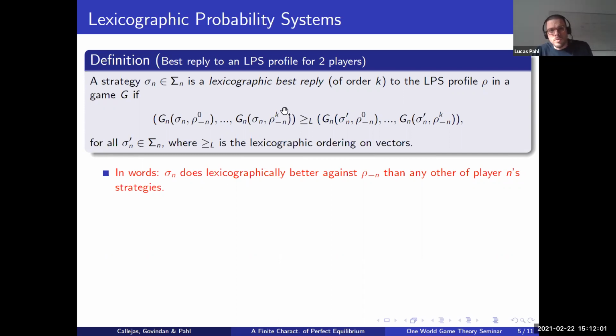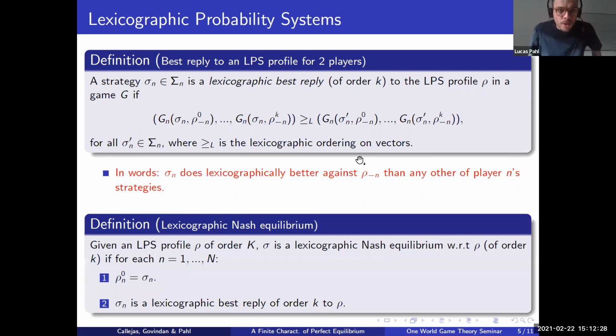Okay, and I'm introducing here the definition. Of course, in the paper we do this for any finite number of players, but this will require a bit more definition about how the other players combine the LPSs of the other players to generate a belief about what players are going to do, and this will complicate notation a little bit. So let's just keep in mind the definition for 2 players.